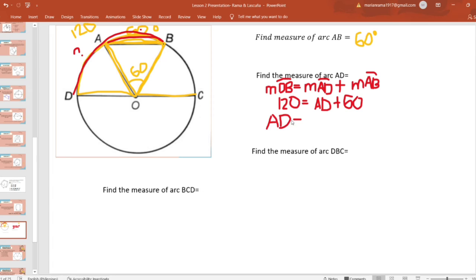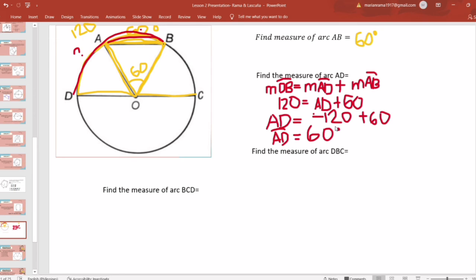Let's equate: AD equals 120 minus 60. Then the measure of arc AD is 60 degrees.